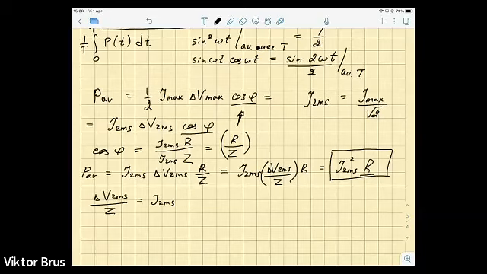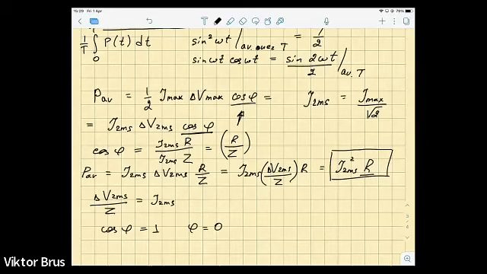So in order to get the maximum active power in the AC circuit, it is important to keep this loss factor, cosine phi, close to unity. It will be equal to unity when the phase shift between current and voltage is equal to 0.